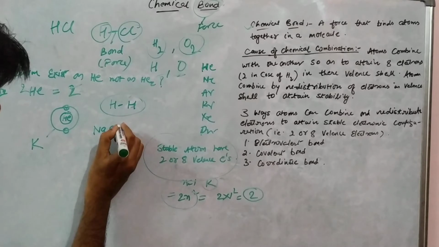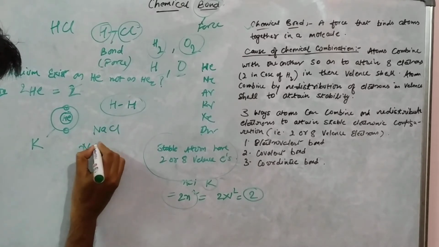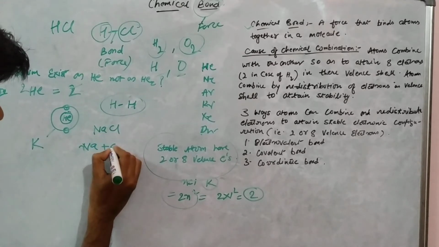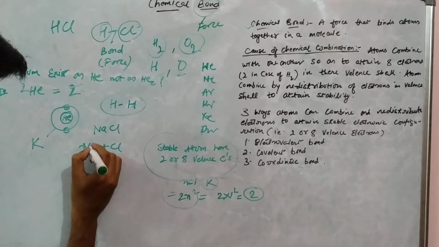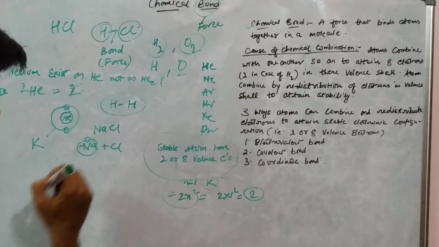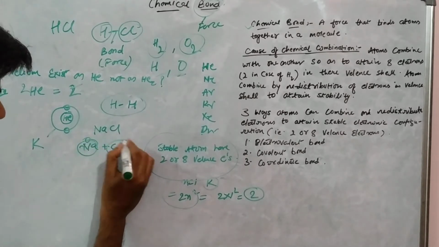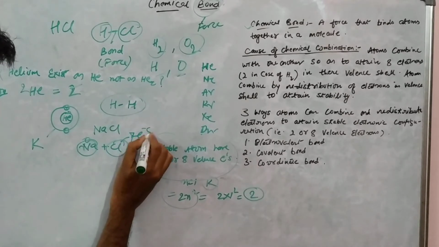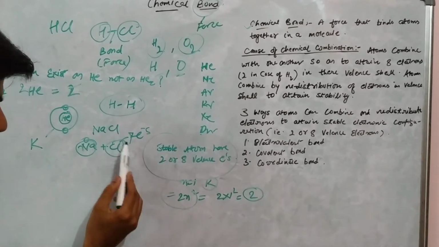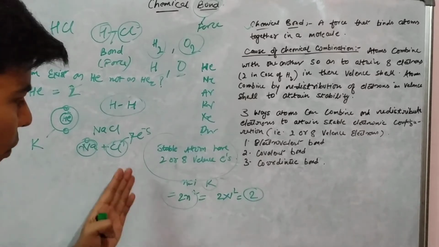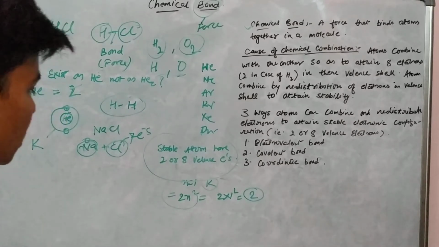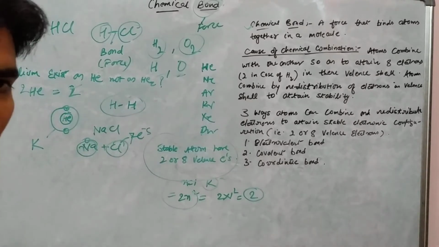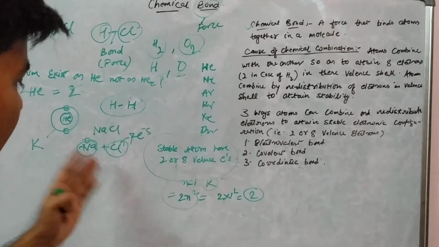In sodium chloride, sodium will react with chlorine because sodium has 1 electron in its outermost orbit and chlorine has 7 electrons in its outermost orbit. So chlorine will try to acquire 8 electrons in its outermost shell, and sodium will try to lose 1 electron to have 8 electrons.